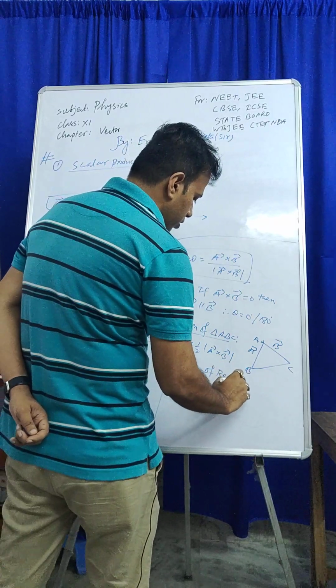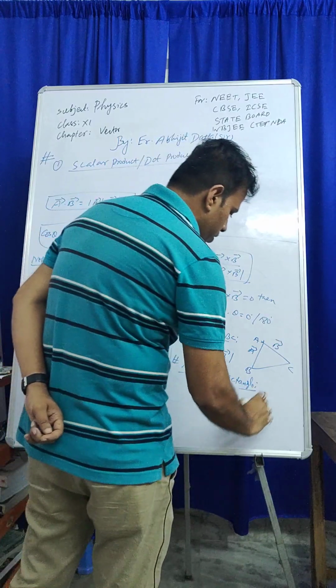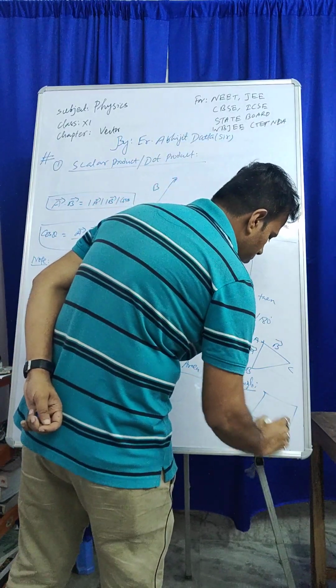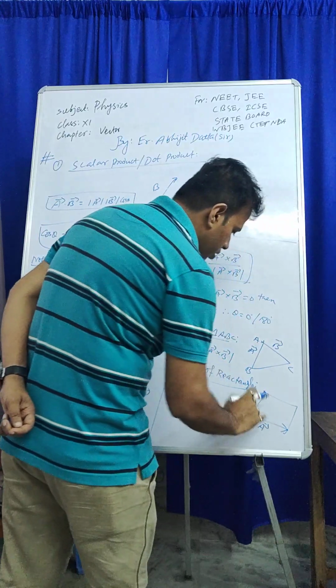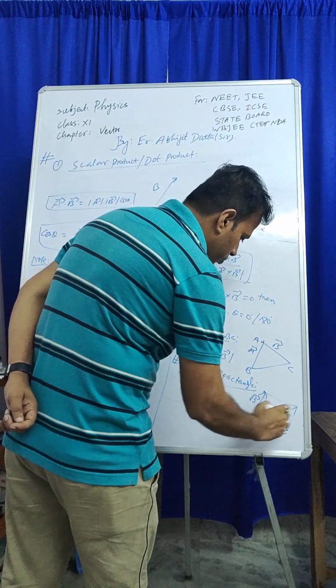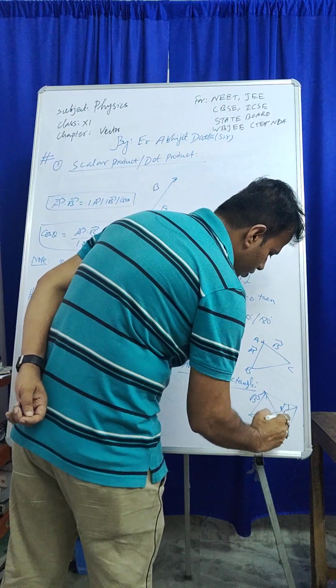Area of a parallelogram or rectangle, when adjacent sides are given. Suppose this one is A and this one is B, and these are the two diagonals.